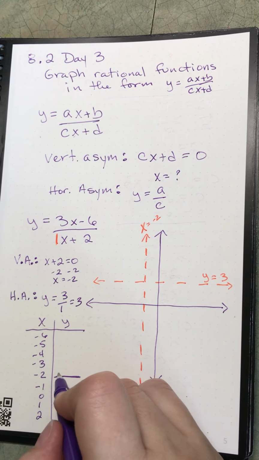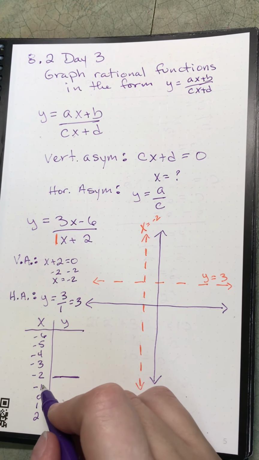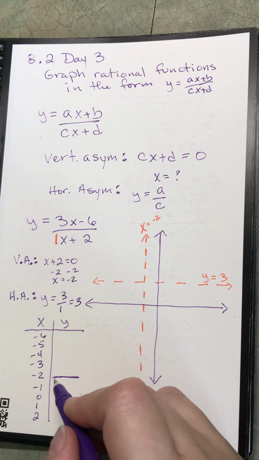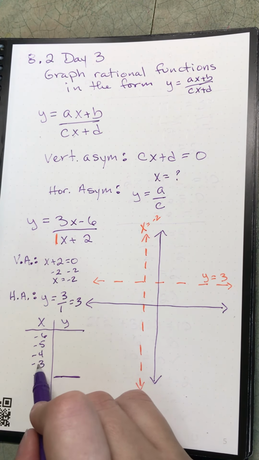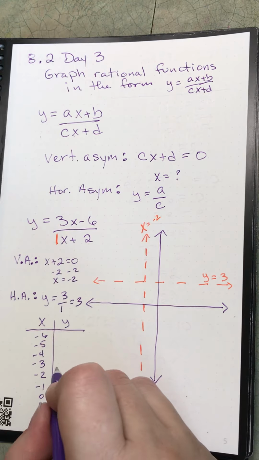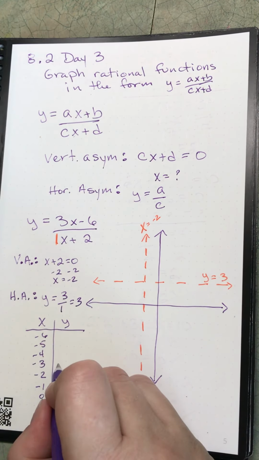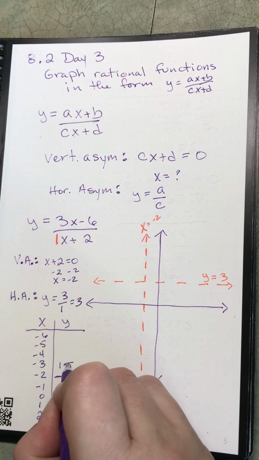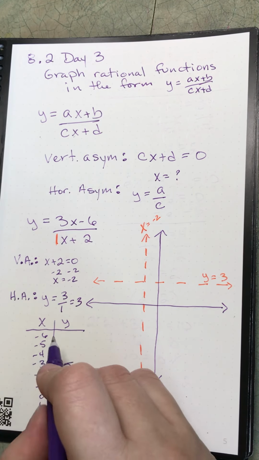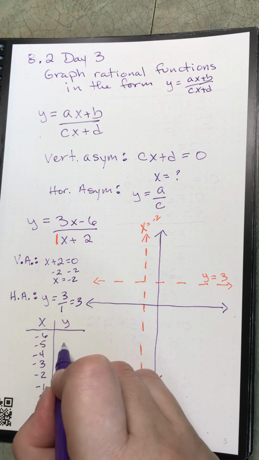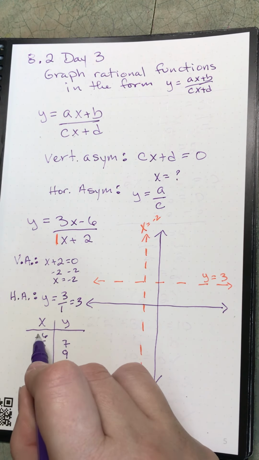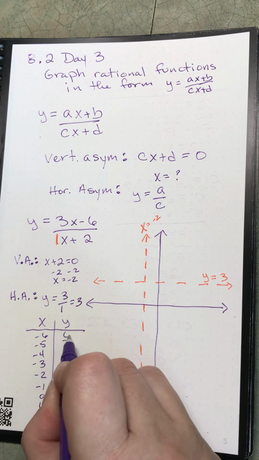So I went ahead and did the math ahead of time this time just to save a little time on the video. So when x is negative 3, then we substitute that in and y ends up being positive 15. When x is negative 4, y is 9. When x is negative 5, y is 7. When x is negative 6, y is positive 6.